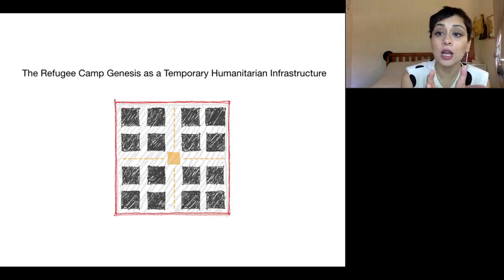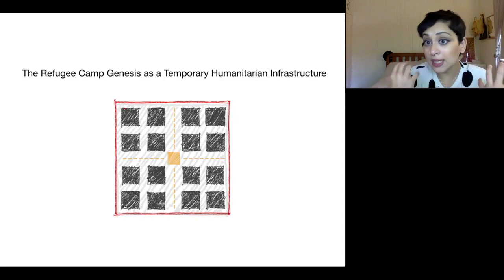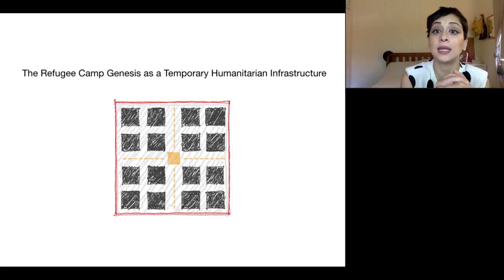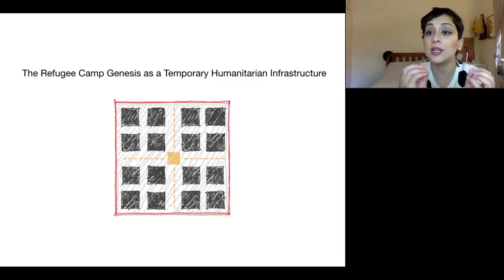Because before refugees were under the UN mandate, they were under military jurisdiction as a combat problem. So the military used to host refugees in military barracks that were temporary and orthogonal, with utilities and services placed in the middle.